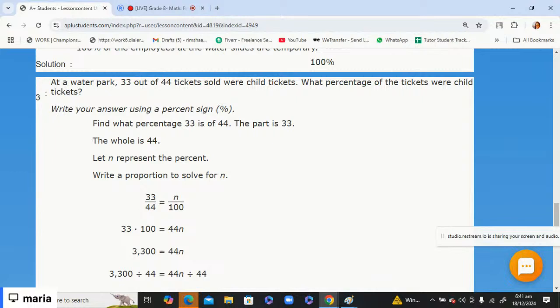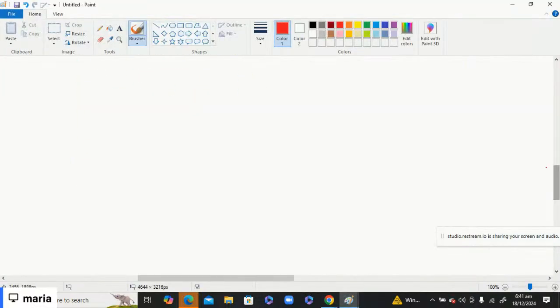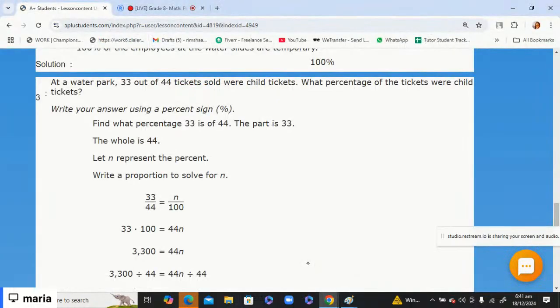This is the same thing that we have done. So let's check it out. 33 is a part, 44 is a whole, and n over 100. We are going to check what percent of the tickets were child tickets.